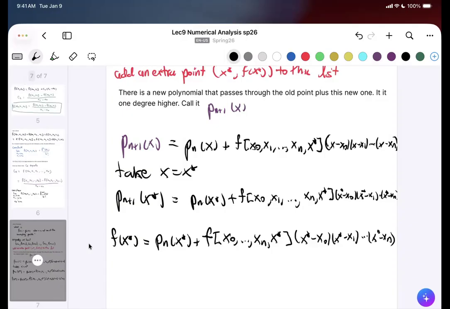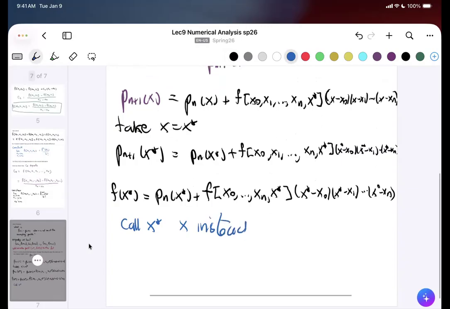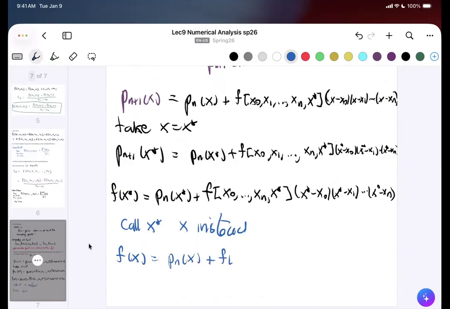So f of x equals Pn of x plus f of x0, x1, up to xn, x. Sorry, now x is x star.